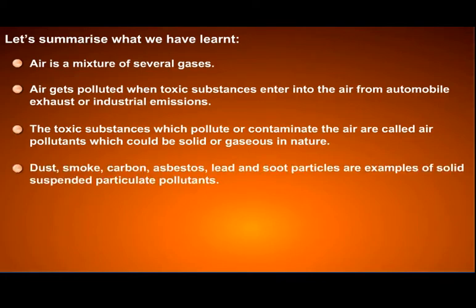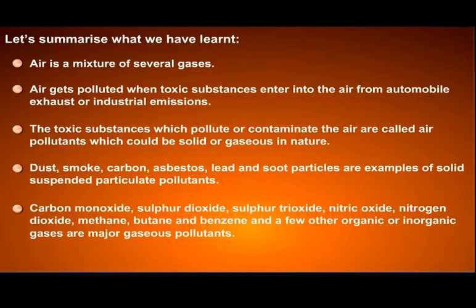Dust, smoke, carbon, asbestos, lead, and soot particles are examples of solid suspended particulate pollutants. Carbon monoxide, sulfur dioxide, sulfur trioxide, nitric oxide, nitrogen dioxide, methane, butane, and benzene, and a few other organic or inorganic gases are major gaseous pollutants.